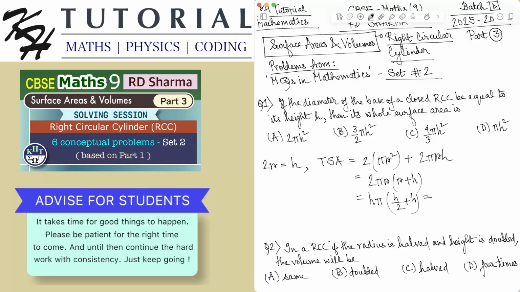This is equal to h pi multiplied by 3h by 2, which is equal to 3 pi h square by 2. 3 pi h square by 2 will be the total surface area or the whole surface area of the RCC. So the correct choice is B.